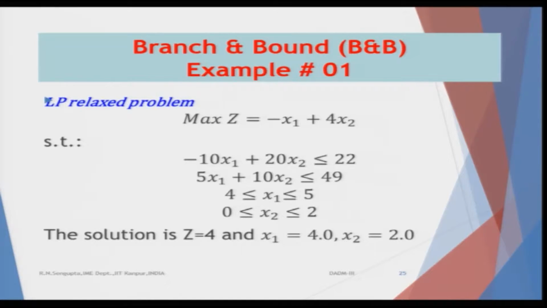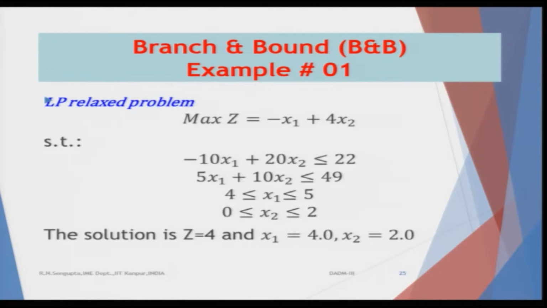Again I am stating this LP relaxed problem formulation. I have purposefully omitted writing the integer programming problem. So, it is like this: maximization of z equals minus x1 plus 4 x2, and the constraints remain the same: minus 10 x1 plus 20 x2 is less than or equal to 22, and 5 x1 plus 10 x2 is less than or equal to 49 is the second constraint.